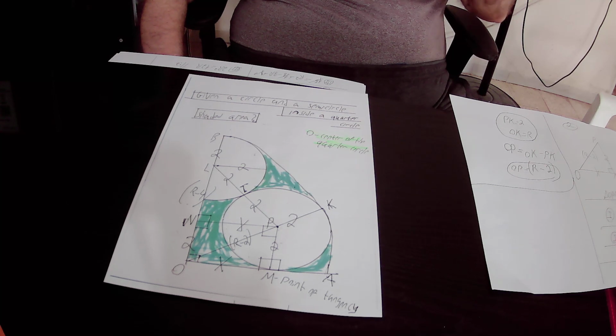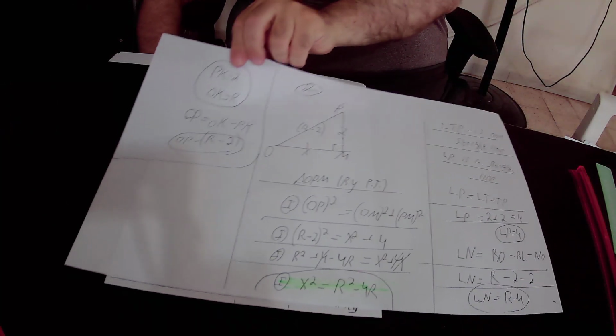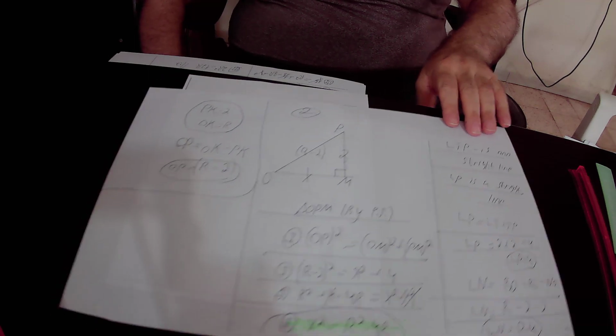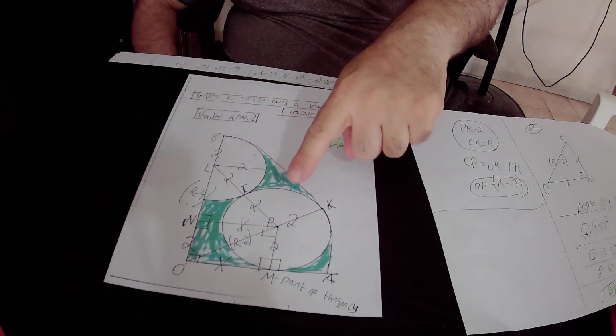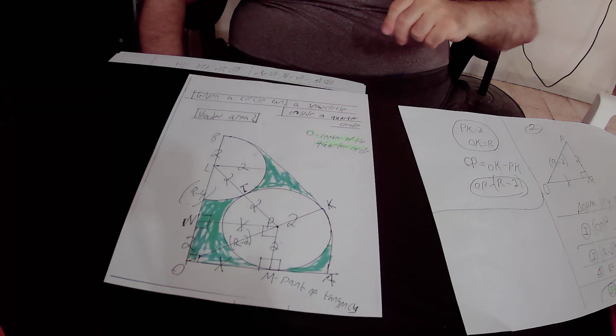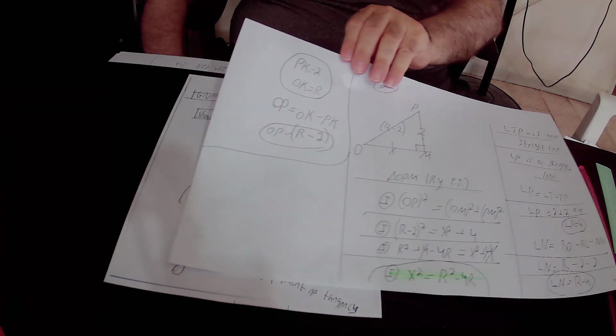In other words, LTP is one straight line. So if LTP is one straight line, it means that LP is also a straight line.